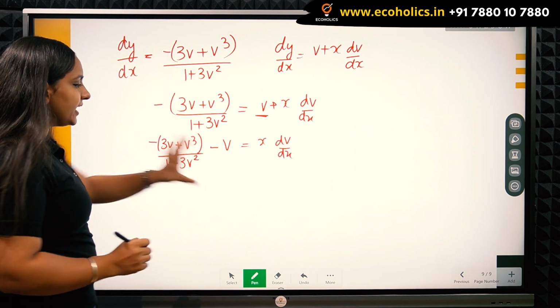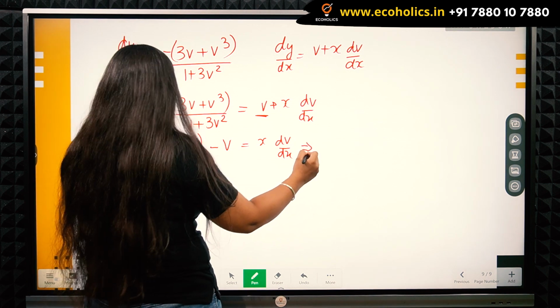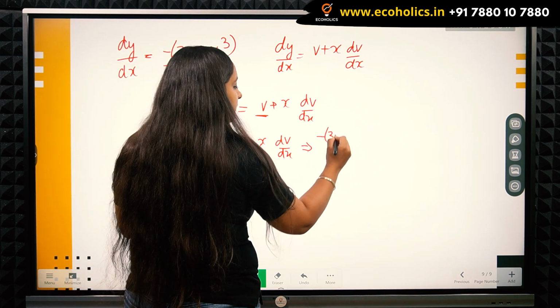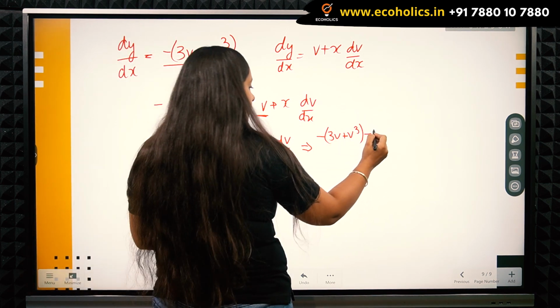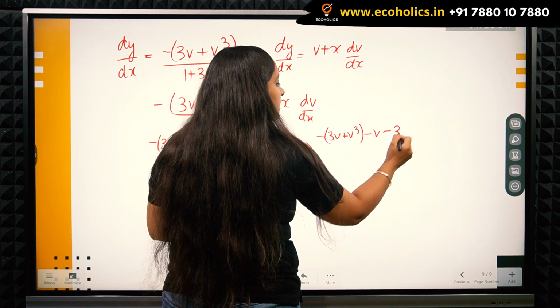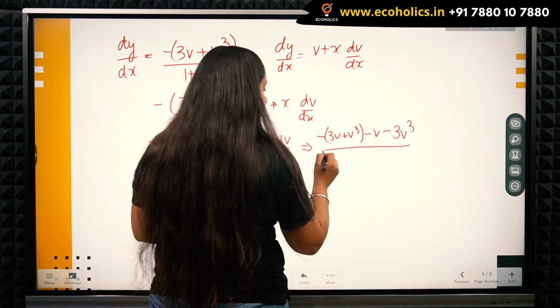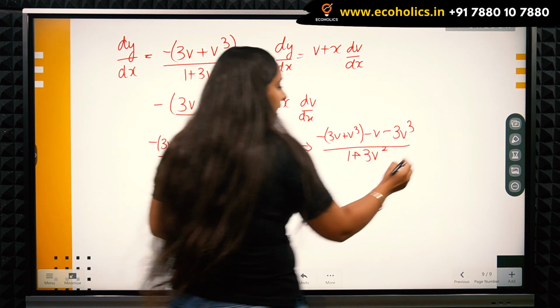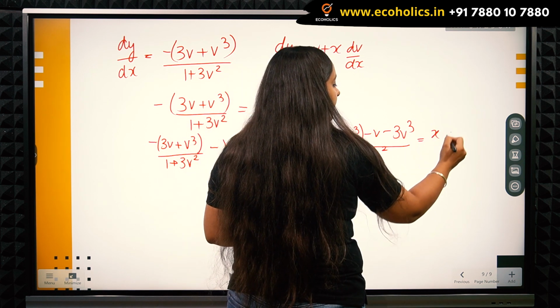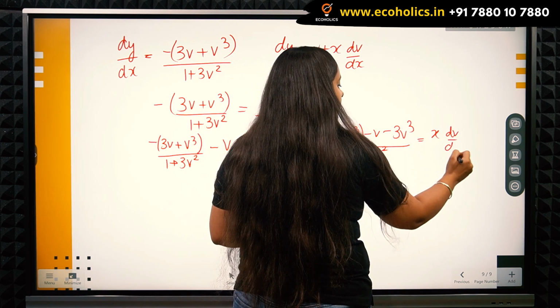So when I take the LCM, I would get minus 3v plus v cube and then minus v minus 3v cube. That's what I would get over 1 plus 3v square. And on this side, I have already x into dv by dx.